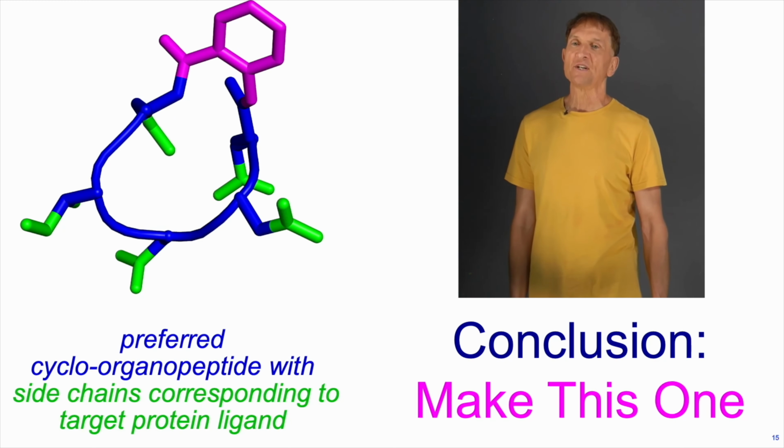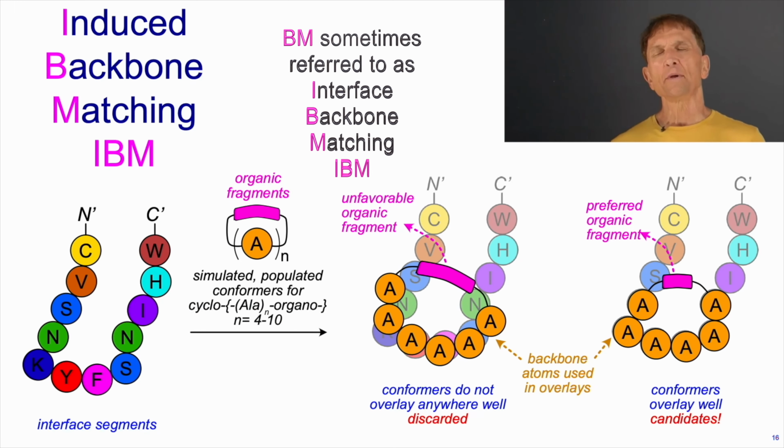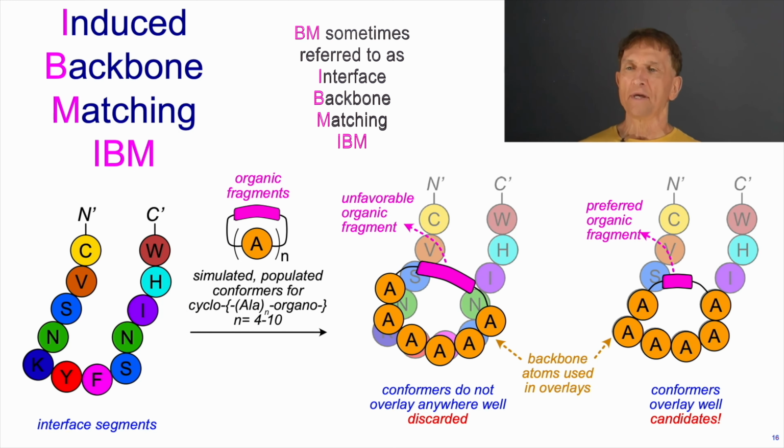Let's talk a little bit more in detail about how IBM works. I'm showing a loop that could be an interface loop in a protein-protein interaction. So we came with our library of organic fragments incorporated into cyclo-organopeptides, and we've done molecular simulations, and we've got low energy backbone conformations, and we take each of those and we systematically slide each one around different residues.